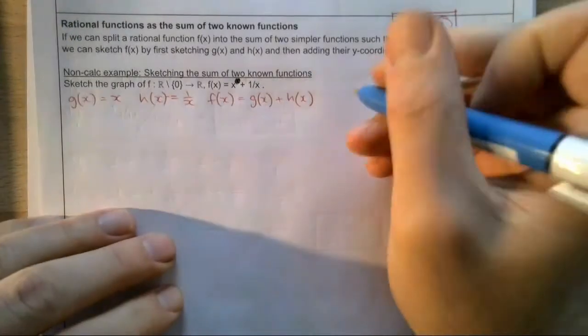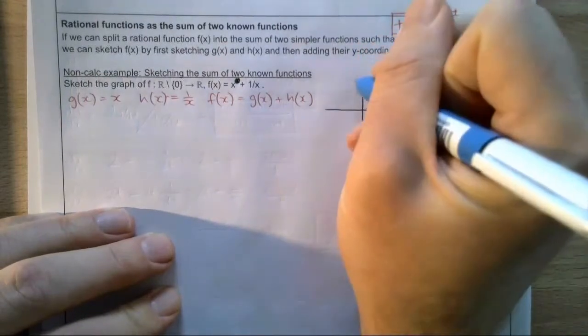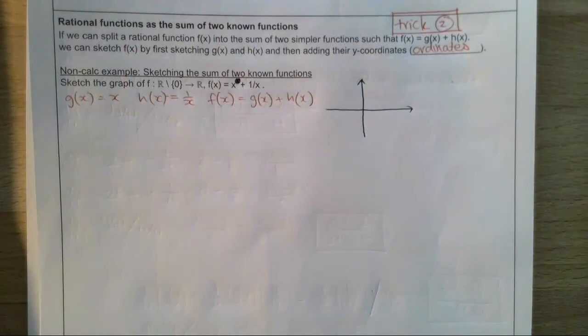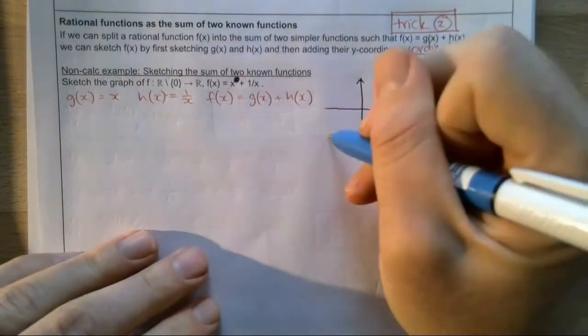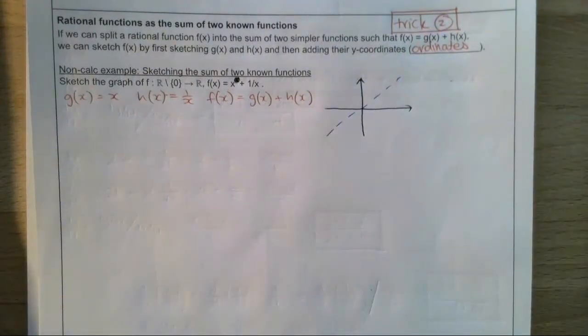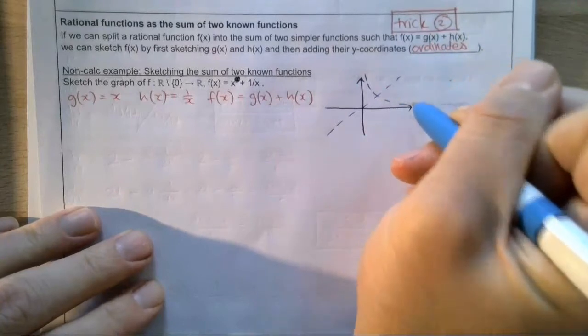If I'm going to do small sketches here, not my final thing, but a small sketch, what I know is that, well, y equals x, that's easy to plot, that looks like this, and y equals 1 over x, well, that looks like this.